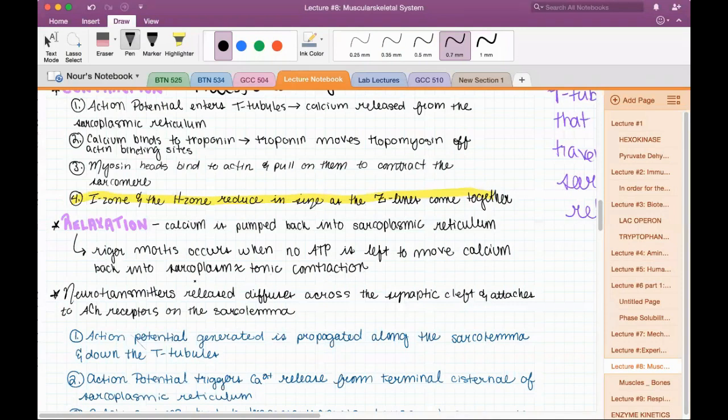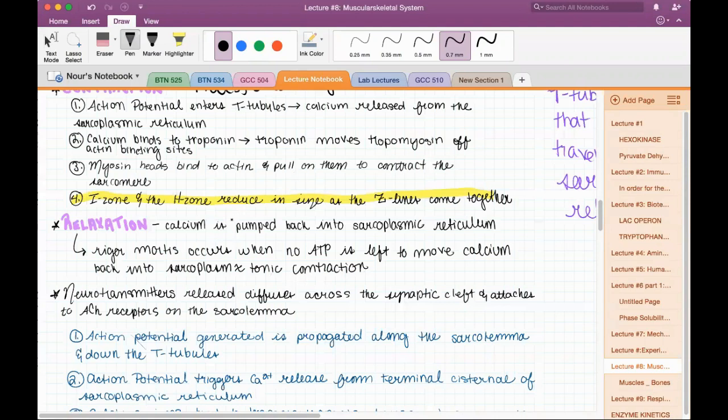So rigor mortis occurs when no ATP is left to move the calcium back into the sarcoplasm. Right, I'm getting ahead of myself. In order to get rid of the calcium, you need ATP.